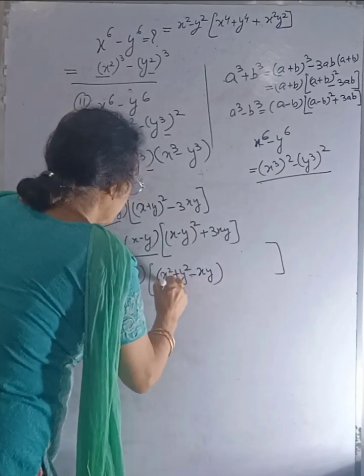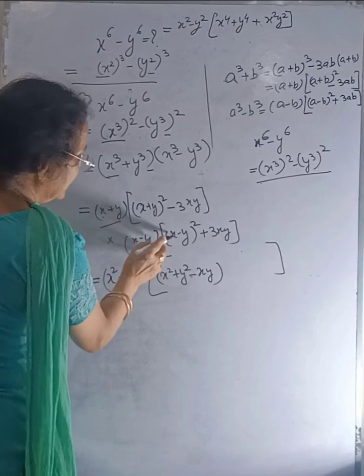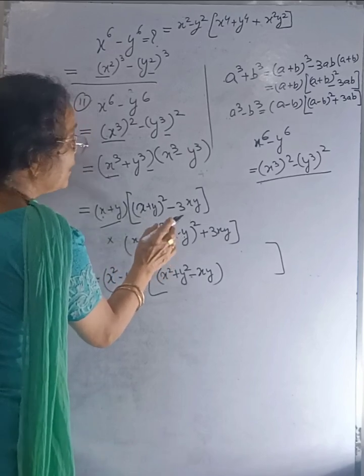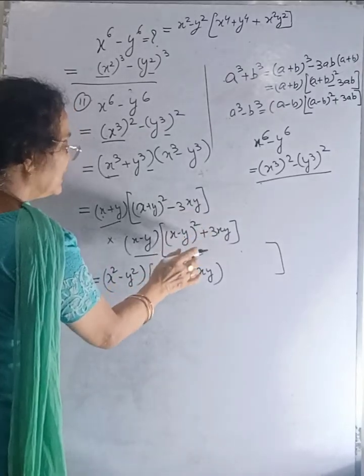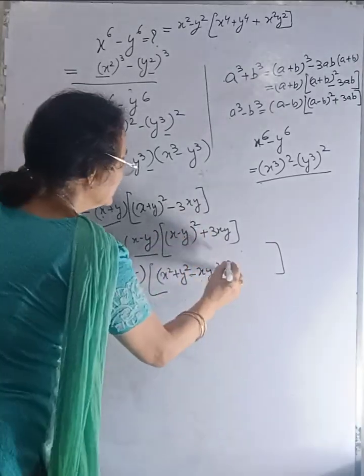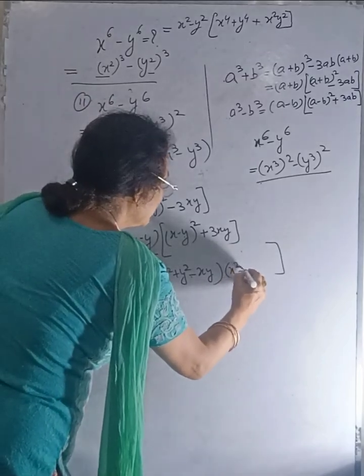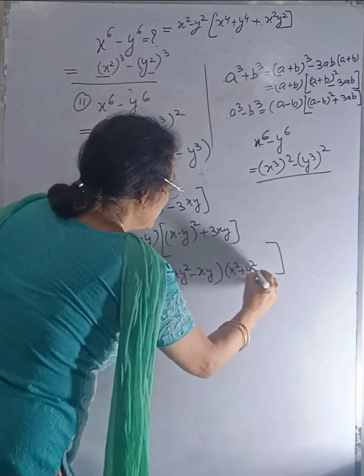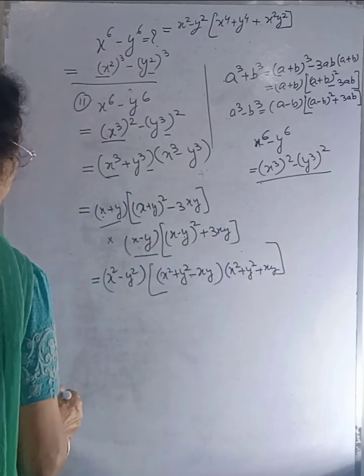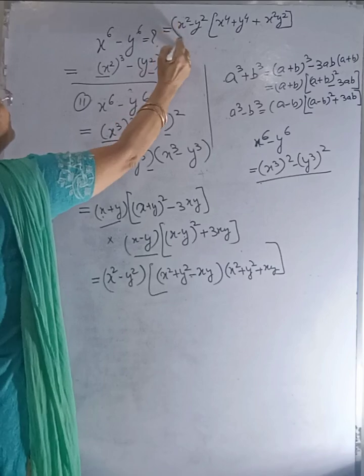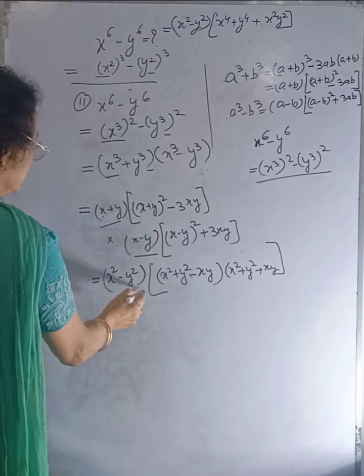Simple. And for here, x square plus y square minus 2xy plus 3xy, so that we'll get x square plus y square plus xy. This will be the form. This we have received here.